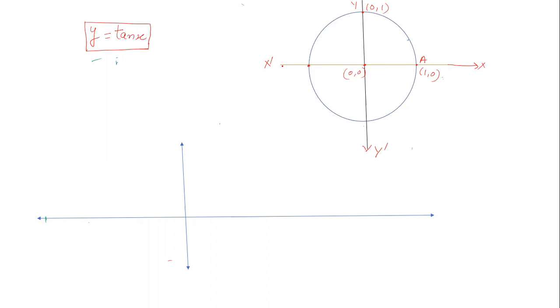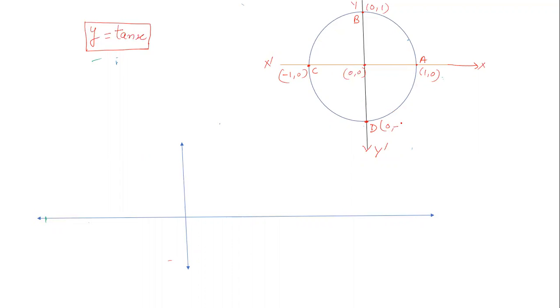On the negative x-axis, say this point is B, this point is C, its coordinate would be negative of A, that is (-1, 0), and its point D, its coordinate would be (0, -1).